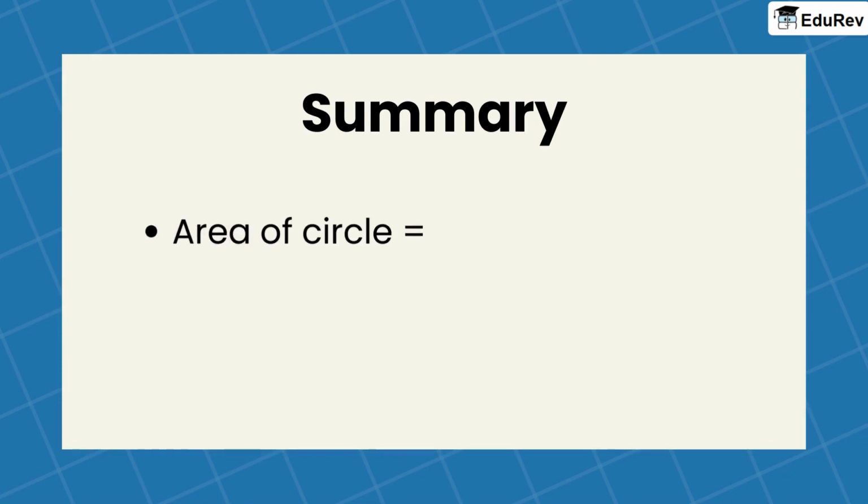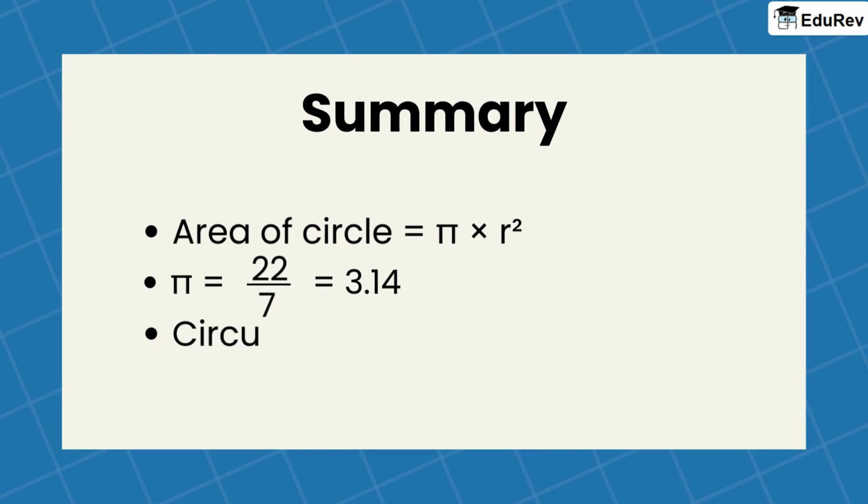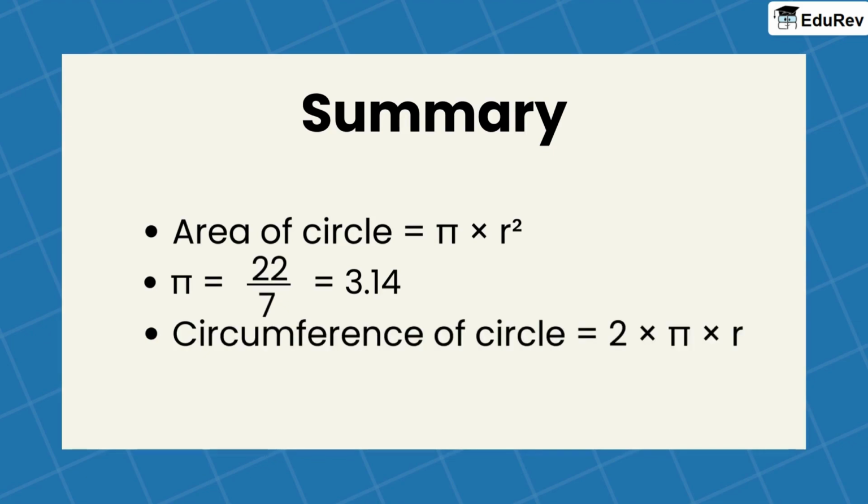Area of circle is pi multiplied by radius square, where pi is a constant whose value is taken as 22/7 or 3.14. And lastly, the circumference or the perimeter of the circle is 2 multiplied by pi multiplied by the radius of the circle.